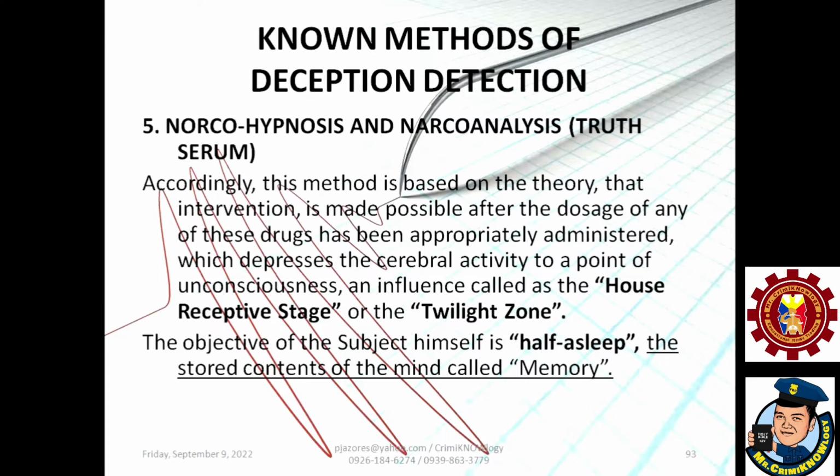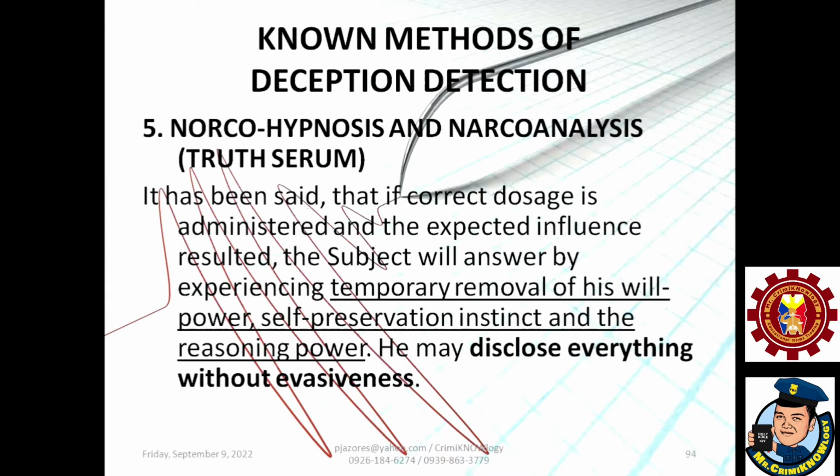The subject will be in a half-sleep condition wherein the stored content of the mind, called memory, can be recovered. Now, the subject will answer while experiencing temporary removal of his willpower, self-preservation instinct, and reasoning power.